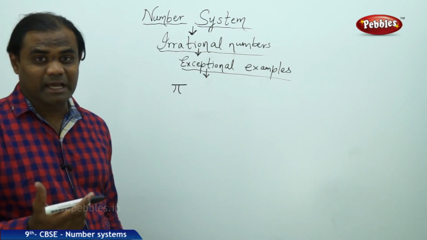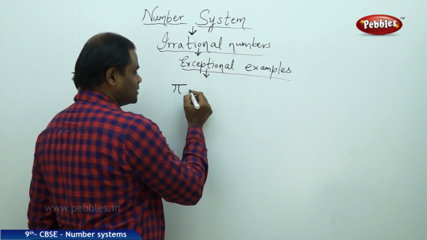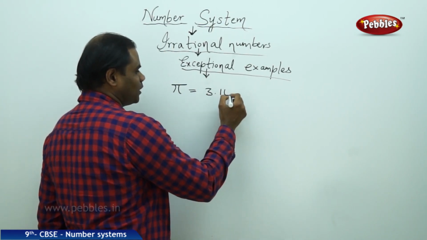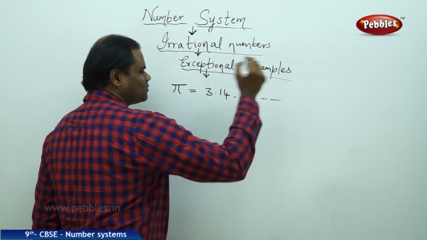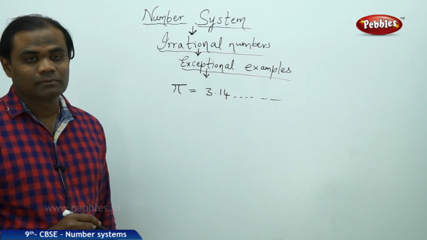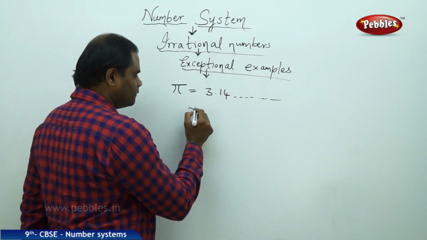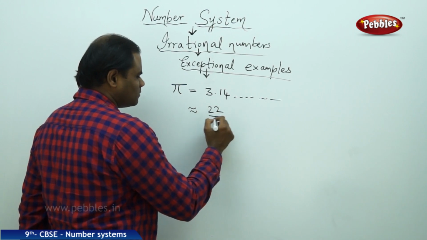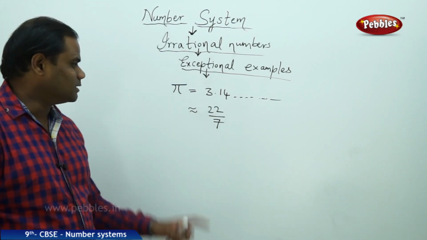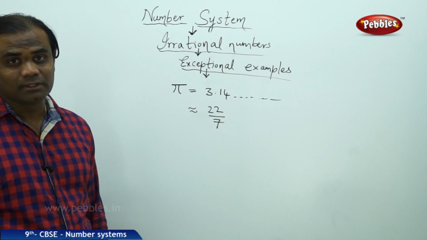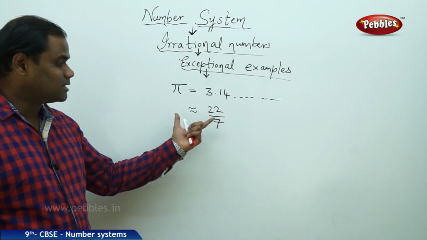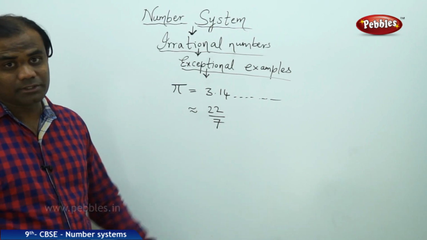We all know that pi has a specific value, that is 3.14, and it continues forever without ending. Now this approximately we take as 22 by 7. So pi is approximately 22 over 7, but let's see if this is a rational or an irrational number.